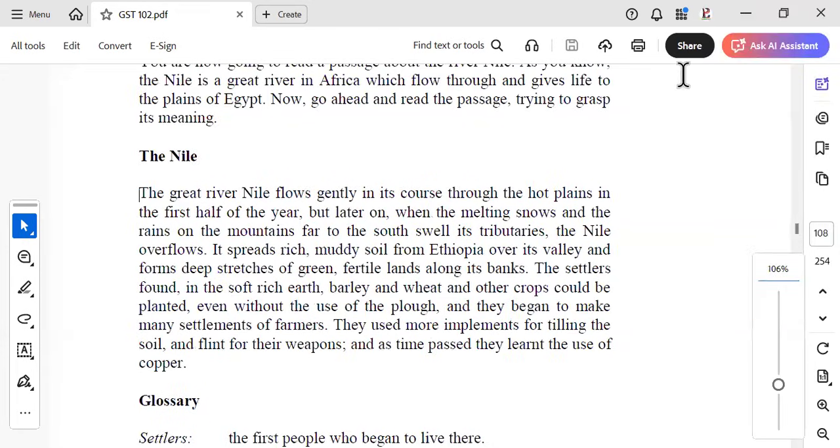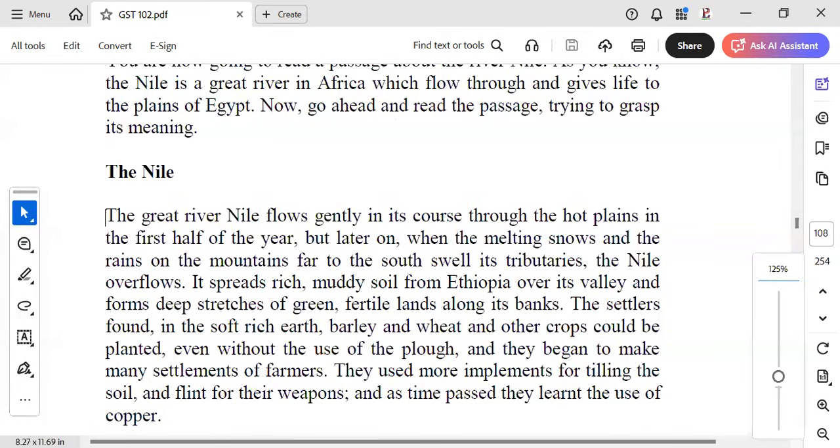So the story is, The great river Nile flowed gently. The Nile.